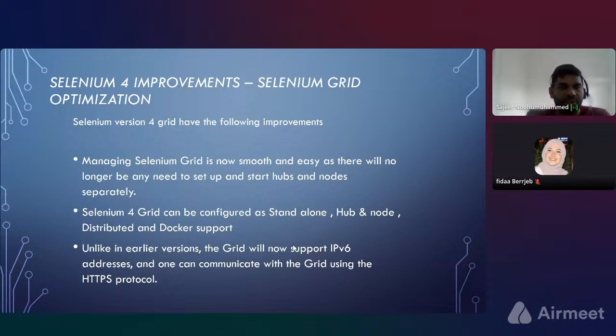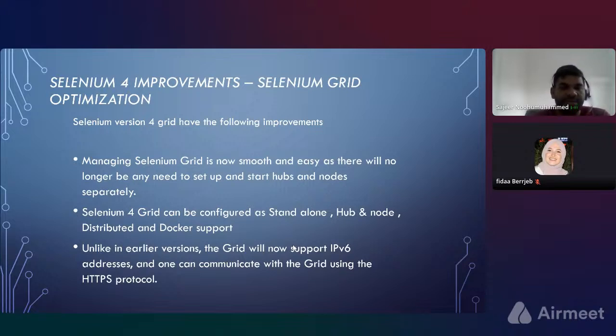One other important thing to mention is that the architecture used in Selenium 3 is completely removed. Selenium 4 Grid is a brand new one, with no dependency on the Selenium 3 Grid, so we can use it as a fresh start. You can see some tutorials and set it up fresh for Selenium 4.